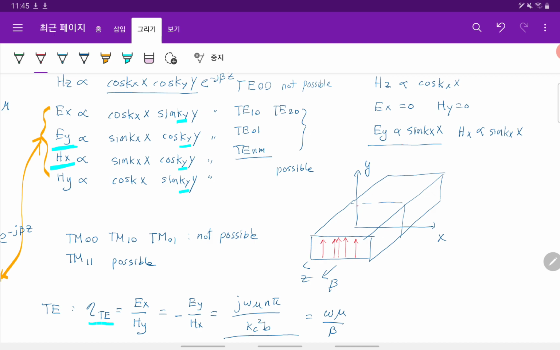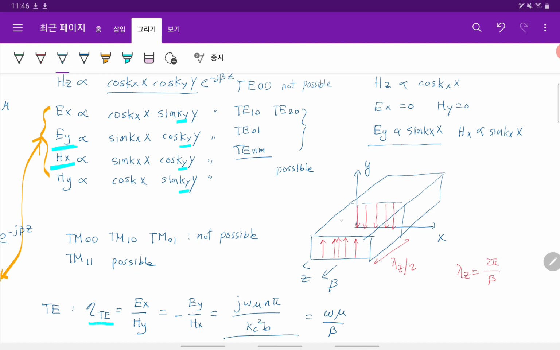And then half of this is half of lambda z, right? So lambda z is this. After half of lambda z, the electric field along the Y direction will be opposite. This is the general trend you can think of.